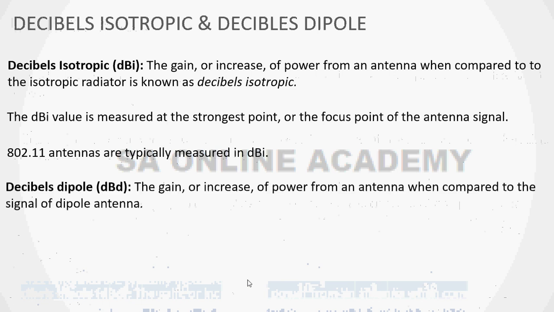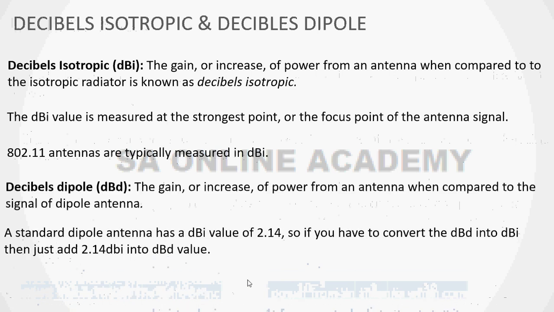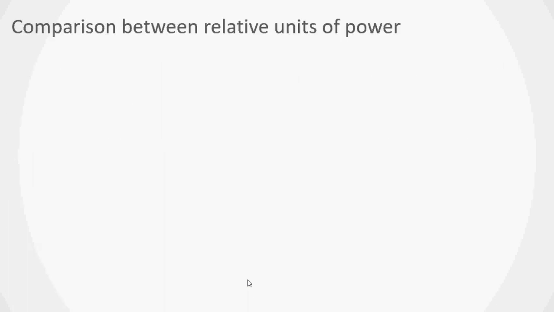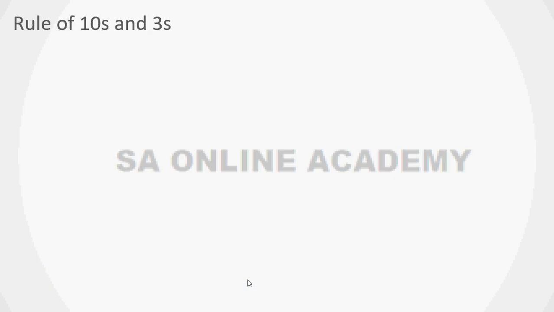So going ahead, we have done this comparison as well. Friends, this is a very important topic. As a CWNA, you don't need to go into logarithmic calculations. Of course, when you are a product engineer or developing something, then you have to understand logarithms.